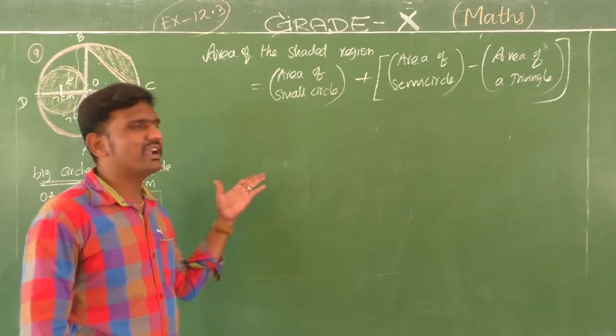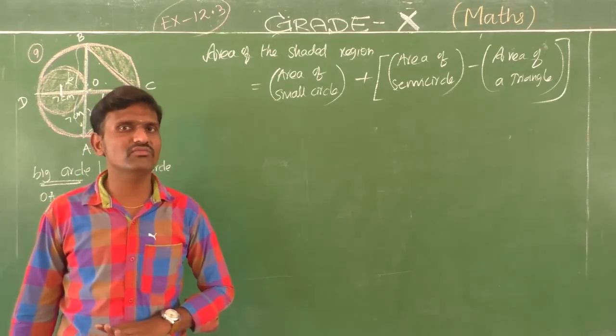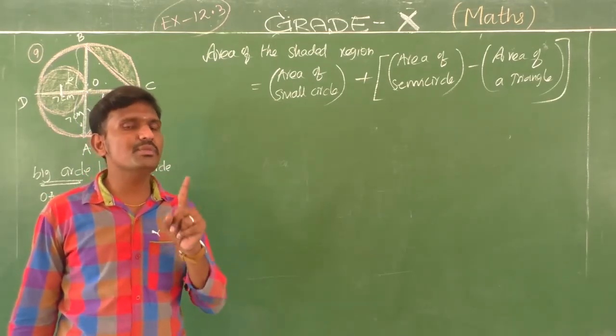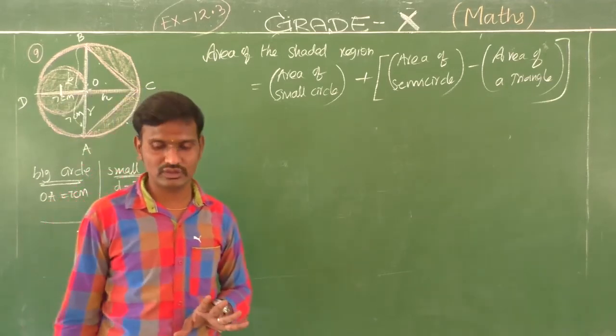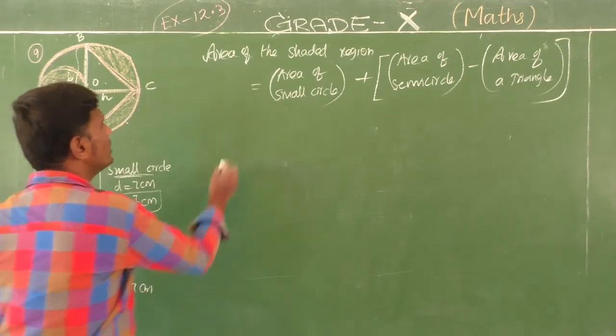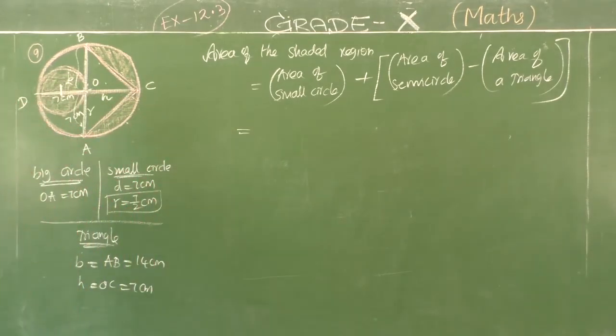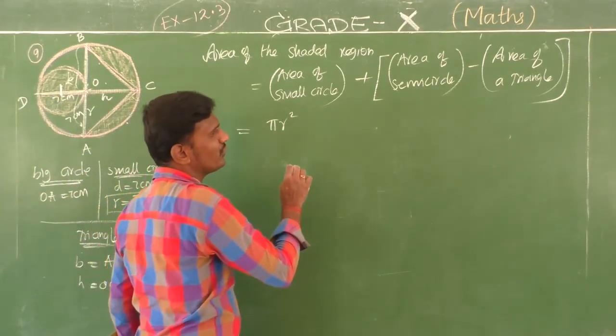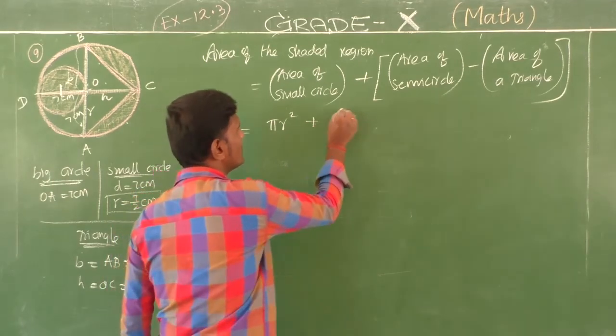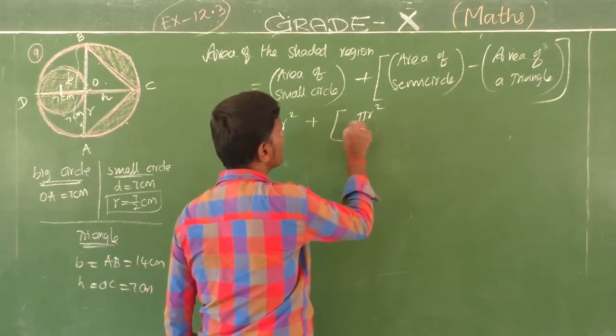But this is an easy manner to complete it. You should do the simplification sincerely, then only the answer will be correct. The area of the small circle is pi r square, plus the area of the semicircle is pi r square by 2.